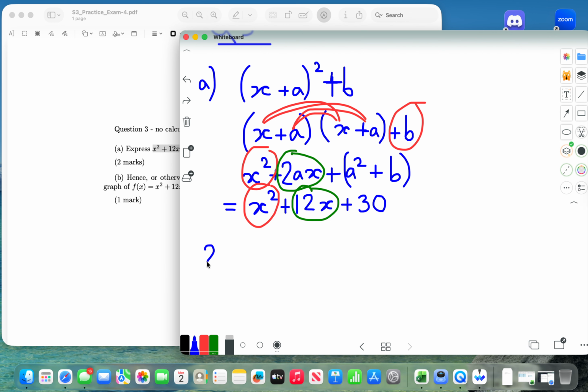So to make these identical, you have to get 2ax equal to 12x. We can equate the coefficients, i.e. the 2a and the 12, and for these to match up, a must be 6.